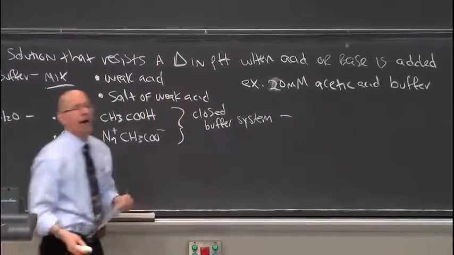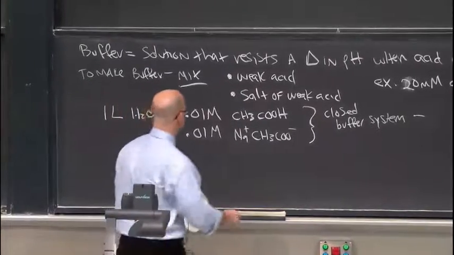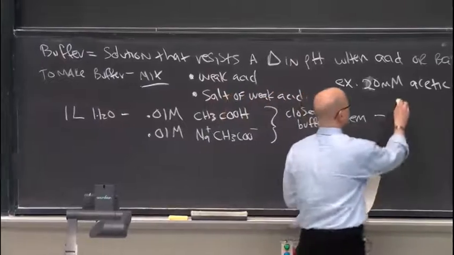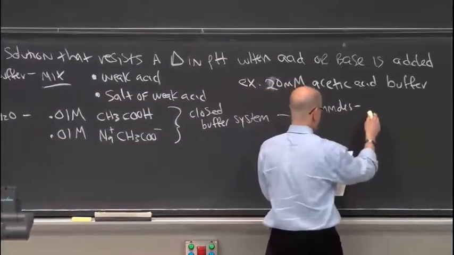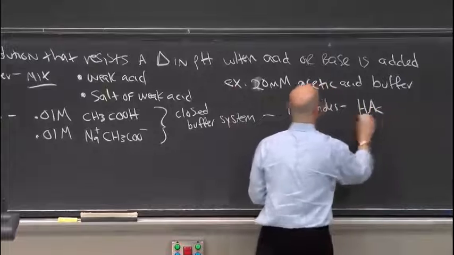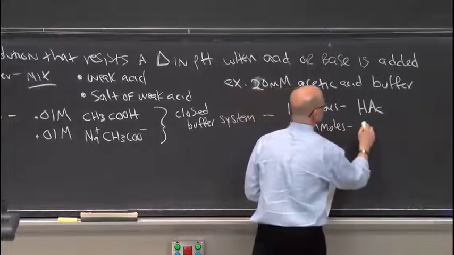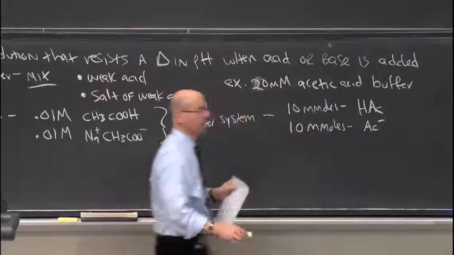Well, now you know exactly how many moles I have, because if it's 0.01 molar and it's in a liter, that must mean that I have 10 millimoles total of acetic acid, and I have 10 millimoles of acetate anion. Okay?